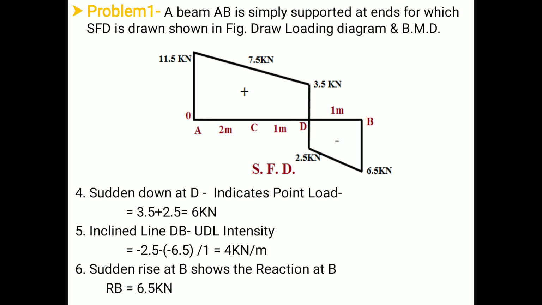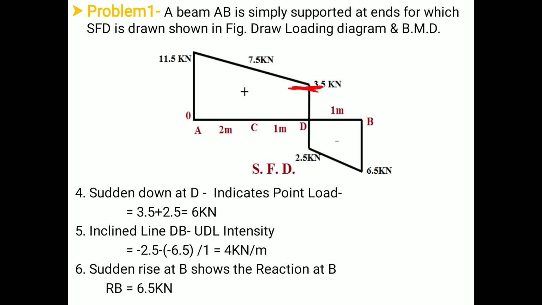Remember that at point D we have a vertical line. For a vertical line, either a reaction or a point load is acting there. But how do we calculate the magnitude of that load? It can be found using this formula.